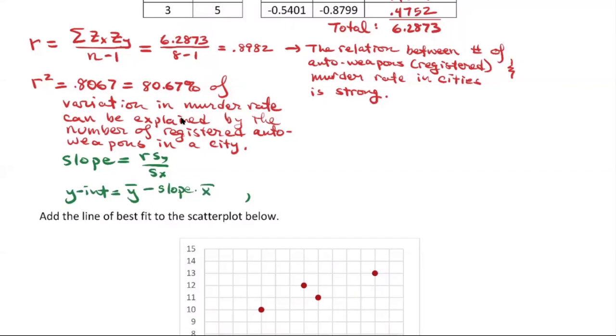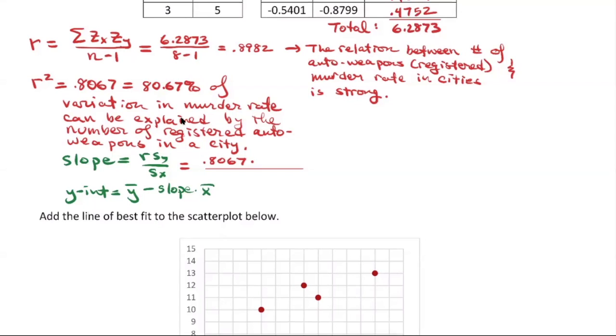Okay, so let's, first of all, we know what R is now. So we can say the slope is R, which is 0.8060, sorry, 8067, times the standard deviation of Y, which we did a long time ago, over the standard deviation of X. By the way, this is a rise over run, just like slope is in algebra. The rise is related to the average rise in Y. And the run, you know, standard deviation of Y is the average change in Y, and Y is vertical, so that's the average rise.